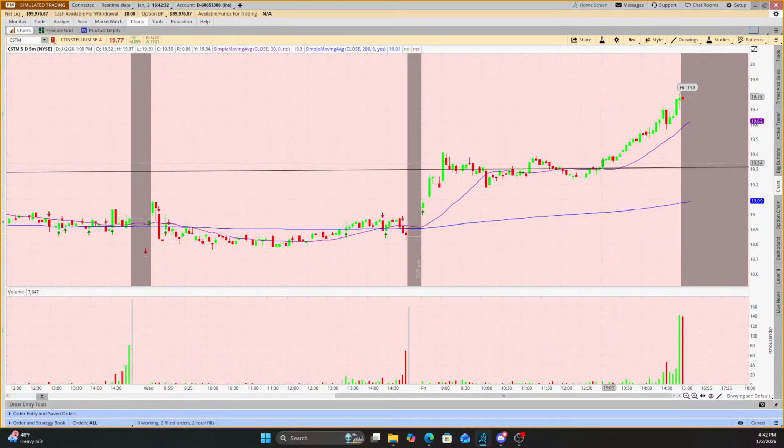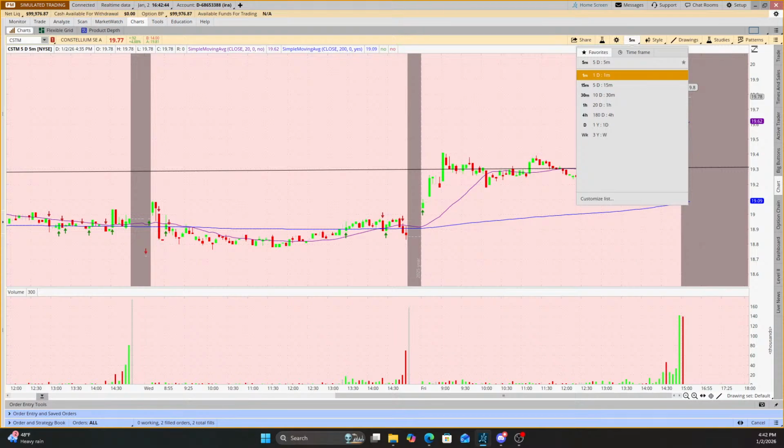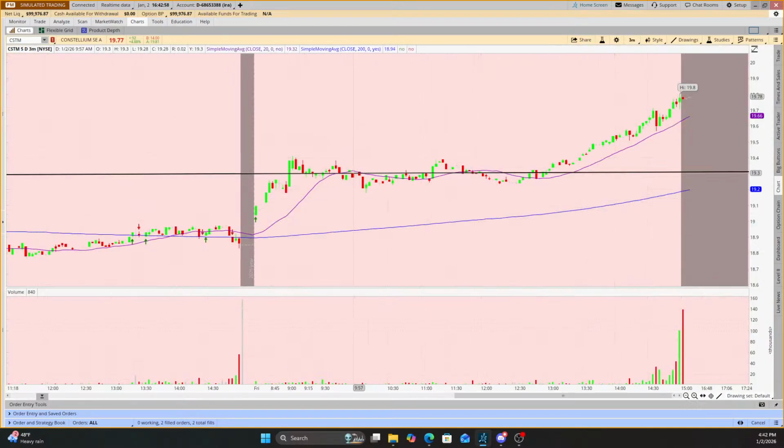Now, right here, let me see. Let me zoom in a little bit more. Put 3 minutes. All right, so let's see. When would have been a good time to buy? Color change.